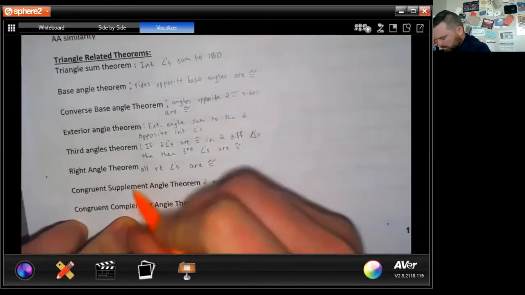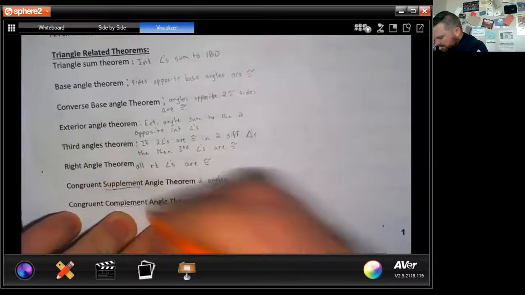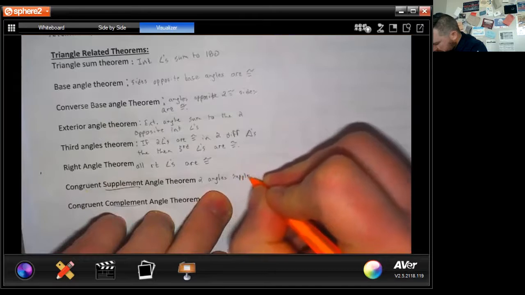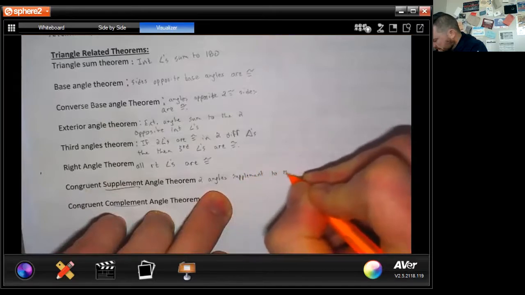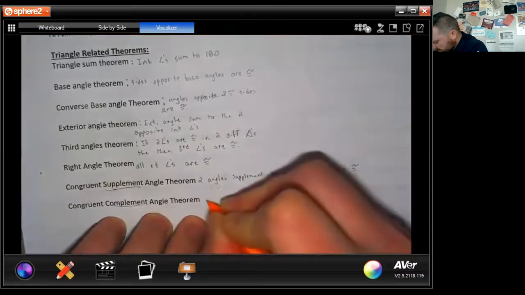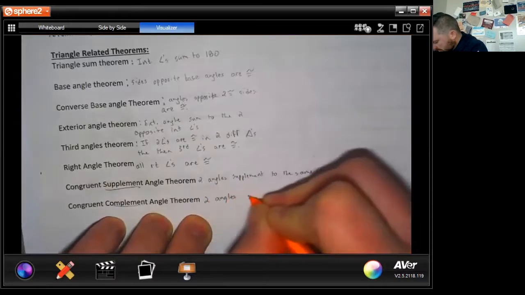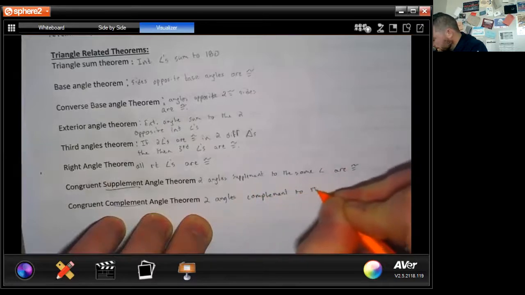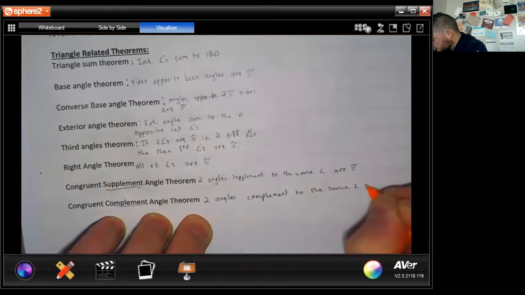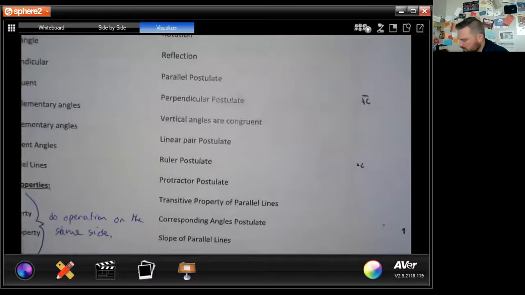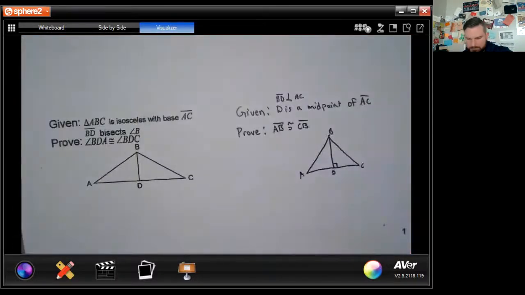The only word difference would be supplement and complement. So two angles supplement to the same angle are congruent, and two angles complement to the same angle are congruent. Okay, and that's the additional stuff that we had this go around that you can put on there.